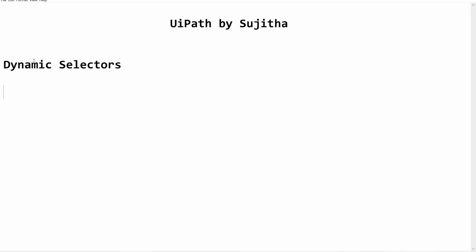We have two wildcard symbols, the asterisk and the question mark, where we can replace characters in the attribute value string. Question mark is for one character and asterisk could be zero or more characters. That way we can use wildcards to make our selectors dynamic enough.